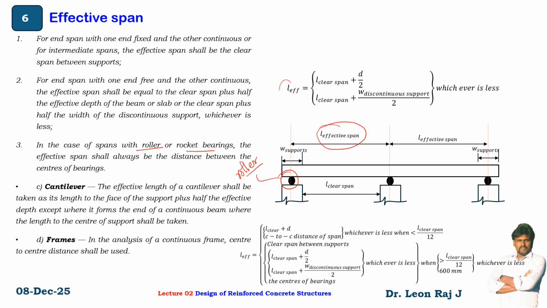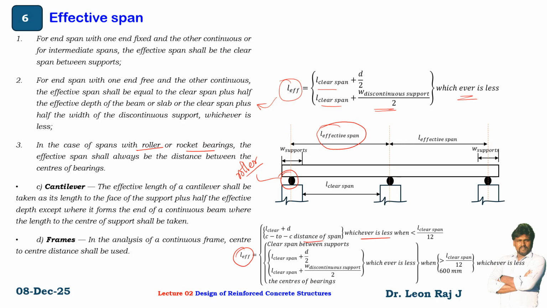So L effective is equal to L clear span plus D by 2, or L clear span plus width of discontinuous support divided by 2, whichever is less. This is for this case. In general, this can be summarized: L clear plus D, or center to center distance of span, whichever is less.